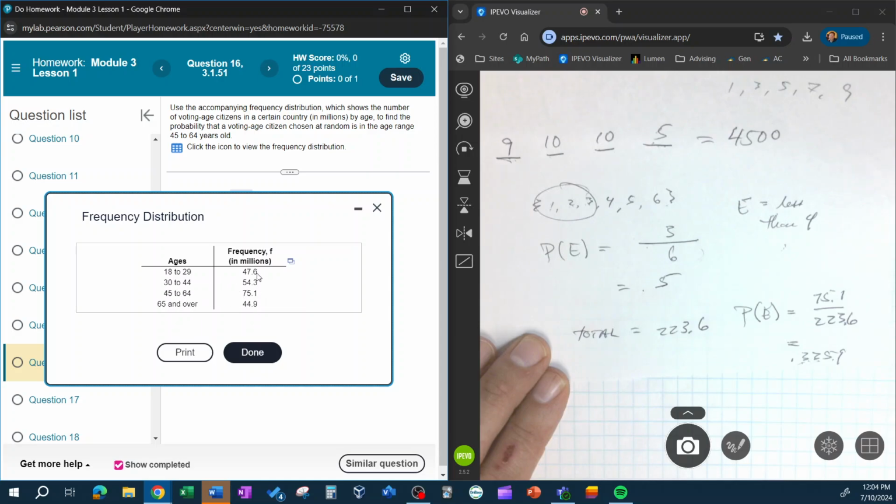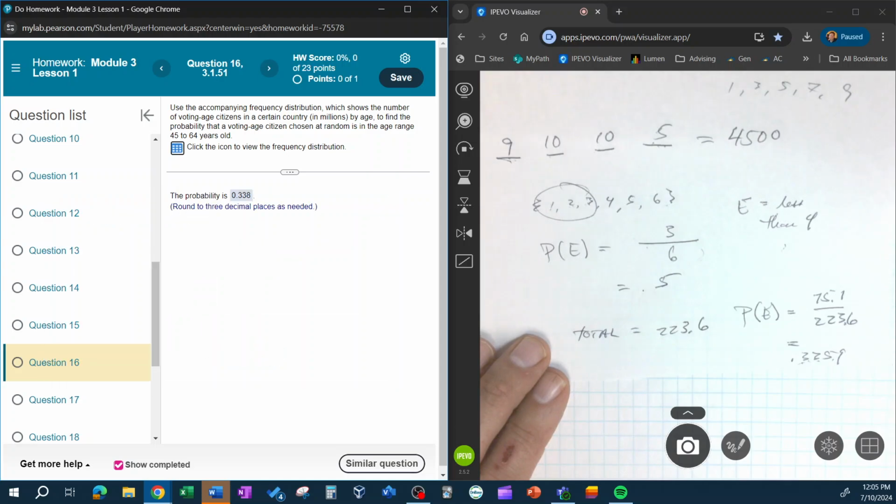So you add those up. When you have a chart, the denominator is going to be the sum of all of these outcomes. The sum in this case was 223.6, and then the numerator is going to be the frequency of the event that you're looking for, in this case, 45 to 64.